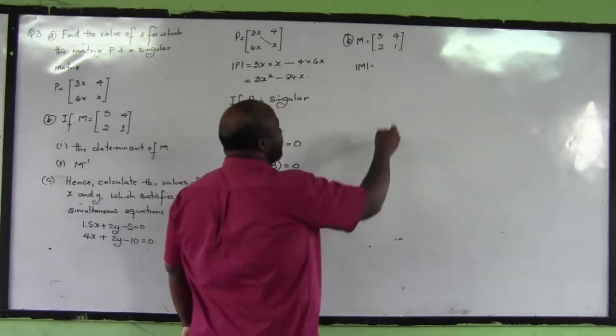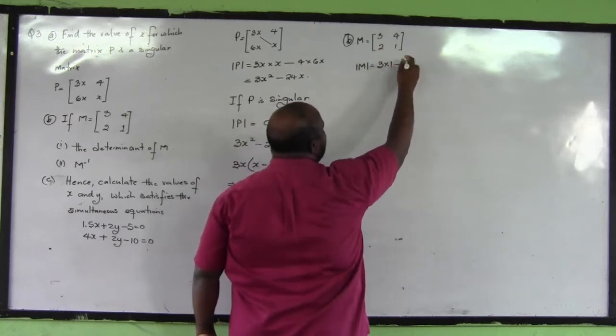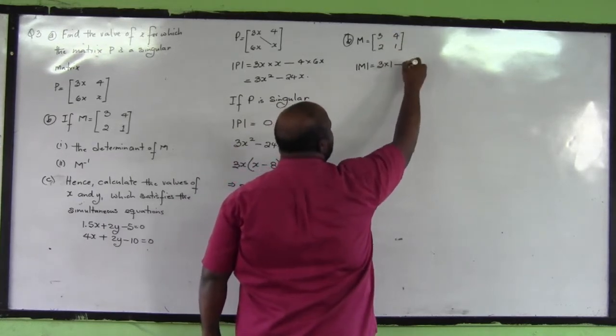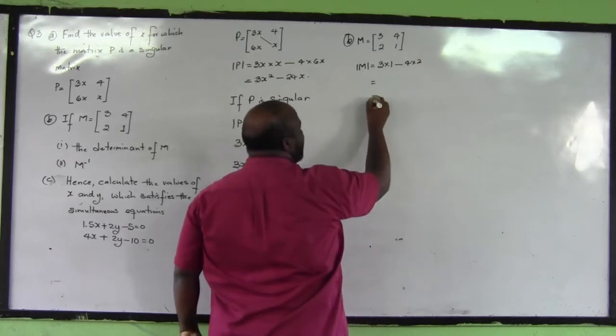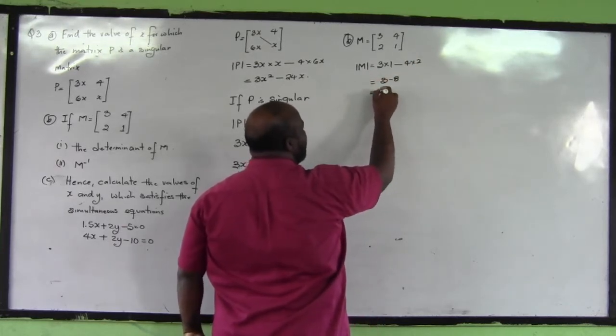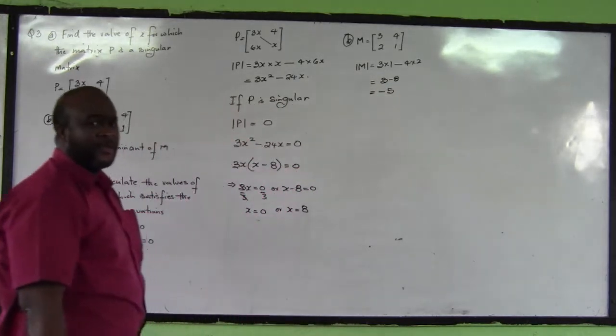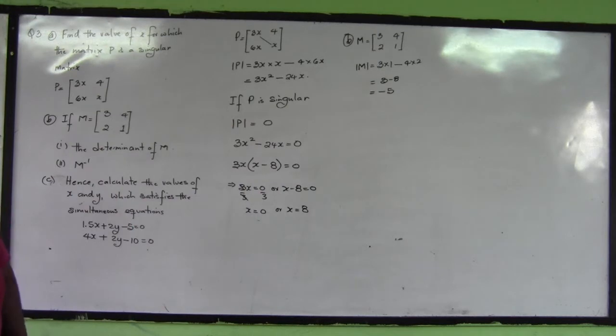So the determinant of M would be 3 times 1 minus 4 times 2. So the determinant of M would be 3 minus 8. The determinant of M is minus 5.